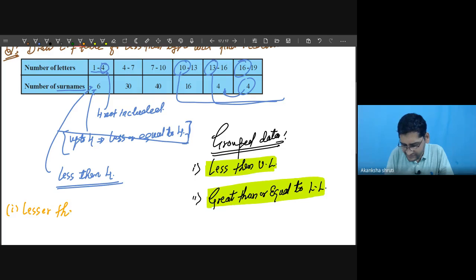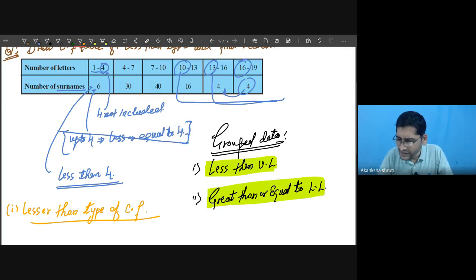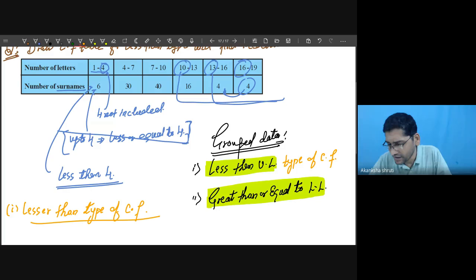These are the two types of cumulative frequency. Means lesser than upper limit type of cumulative frequency, or greater than or equal to lower limit type of cumulative frequency.